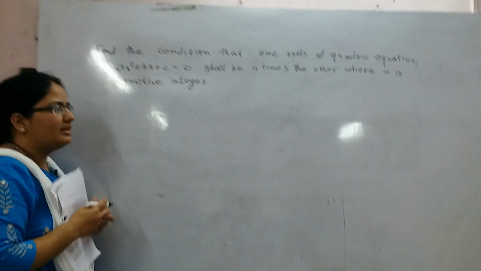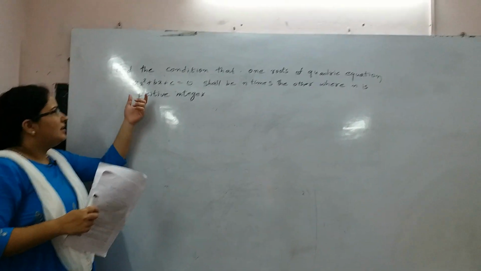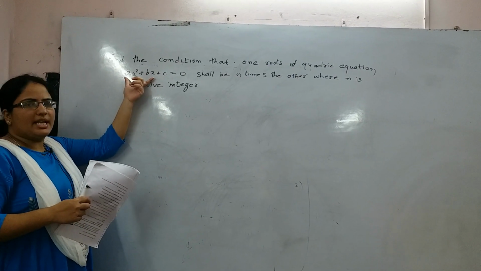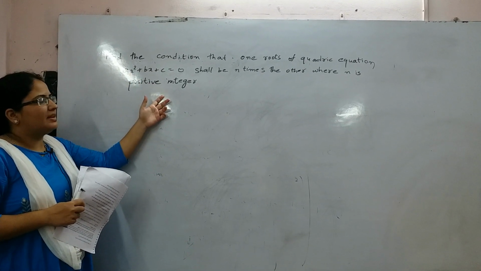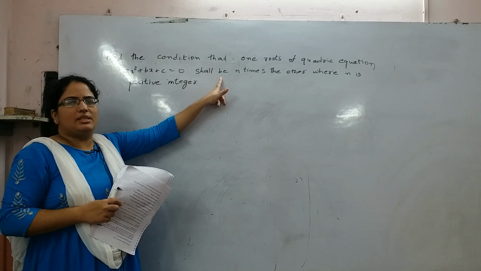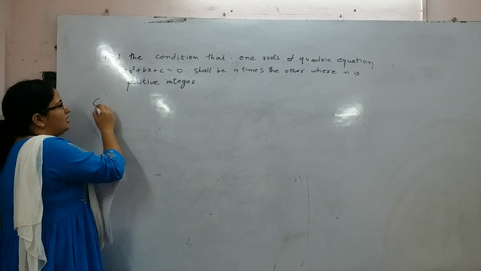Okay, what is given in the question? You have to find a condition that this equation ax square plus bx plus c is equal to 0 has two roots such a way that one root is n times the other. Let us discuss how.